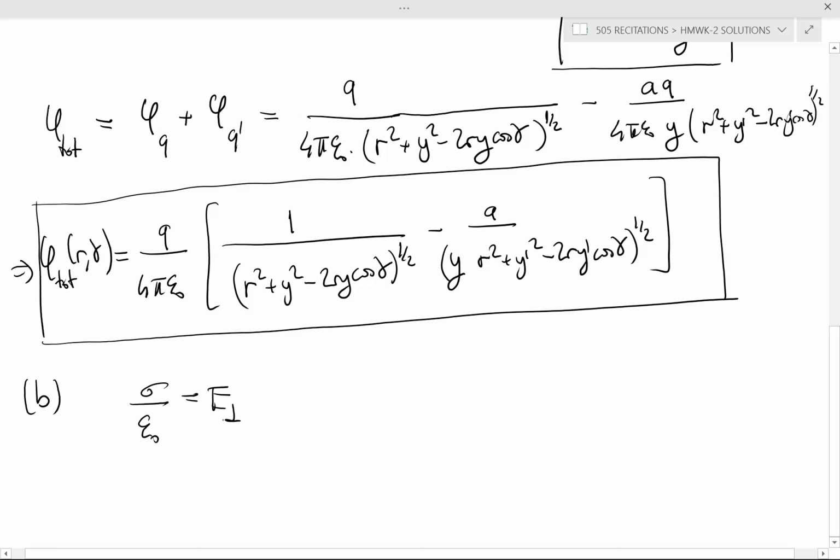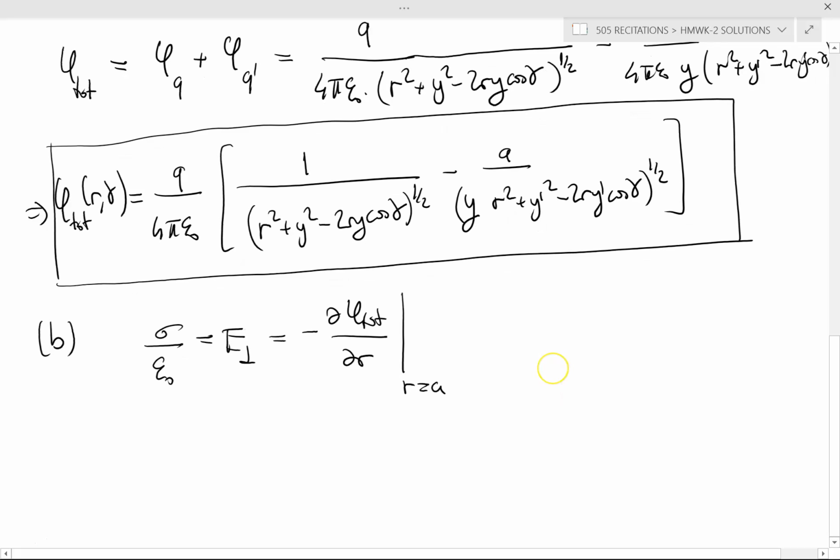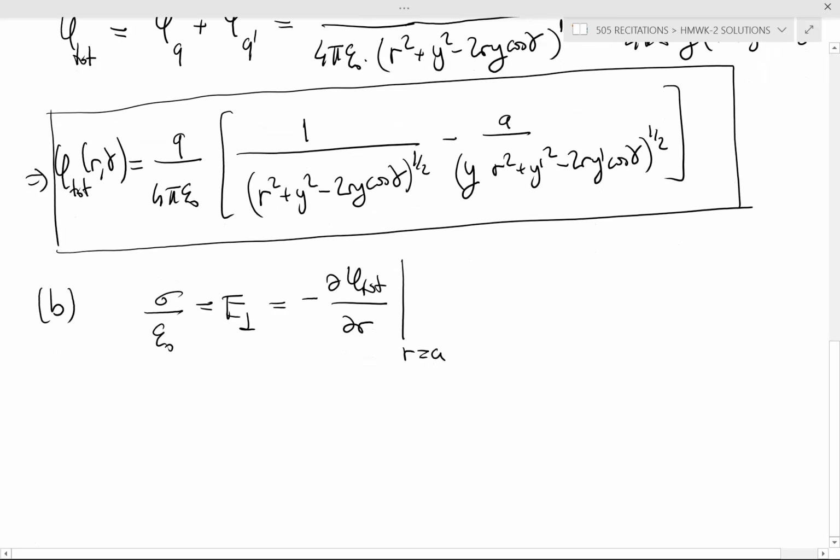Perpendicular to the surface, of course, but E is nothing but minus the derivative of phi total with respect to R at R equals A, right? That's the definition of the electric field. It's the gradient of the potential. Since we are seeking only the R component, which is the only component that is perpendicular to the surface, right?